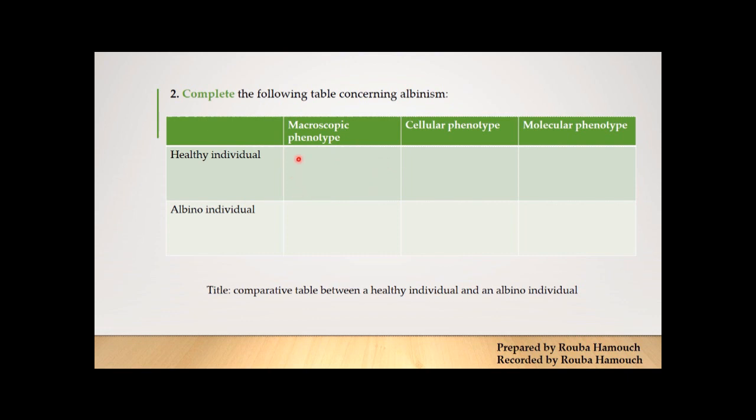I repeat, macroscopic phenotype is the group of all traits or visible characters. Cellular phenotype, all related to cell functioning or cell structure or shape. And the molecular phenotype is determined by the absence or the presence of a certain protein, enzyme, or hormone. Take few minutes to complete this table.